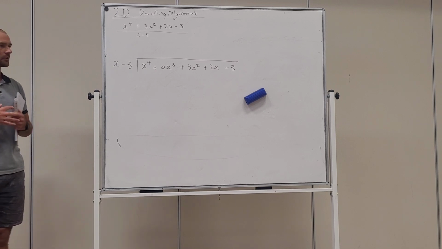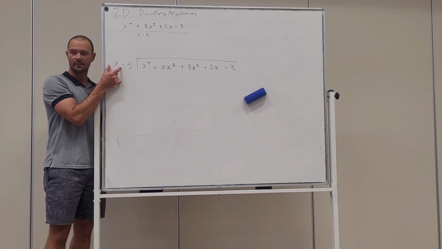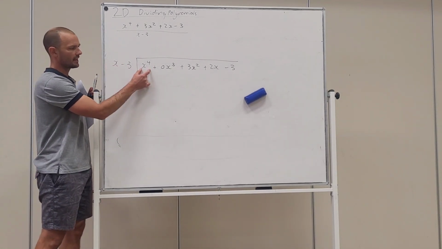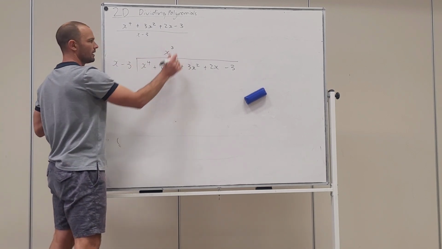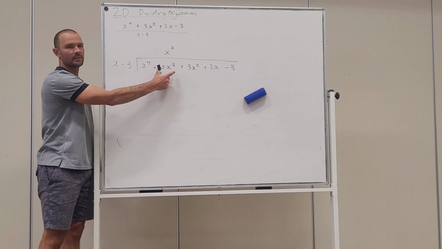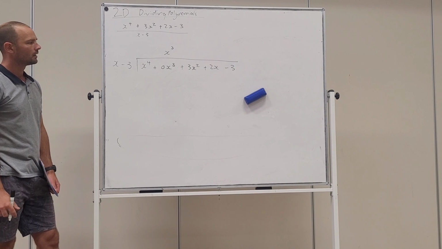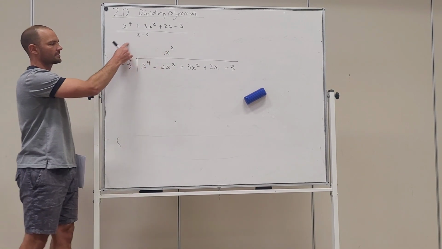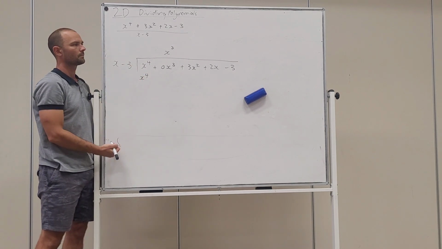Okay. So then our question is, what do we multiply x by, that's our leading divisor, to get x to the power of 4? The answer is x cubed. And we put the x cubed above the x cubed term. This is why we need one of everything. Let's perform the multiplication. X cubed times x, x to the 4.